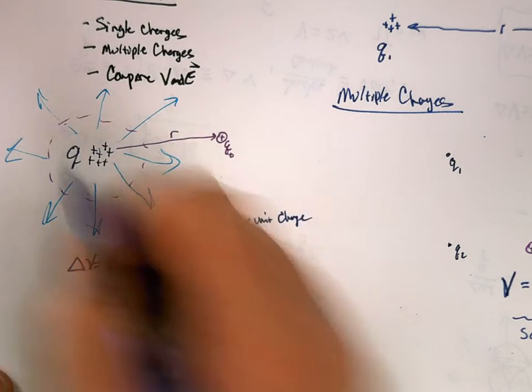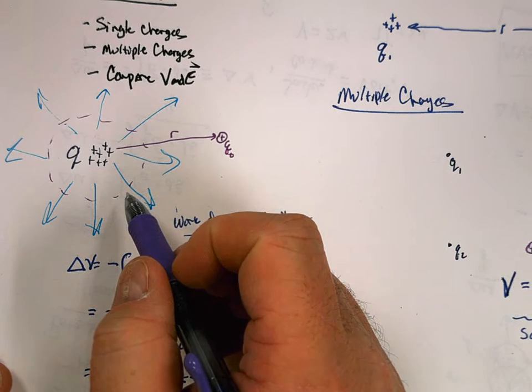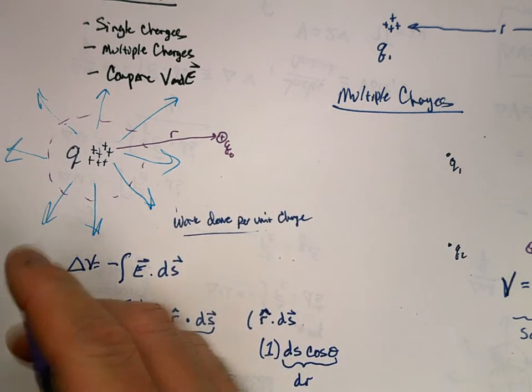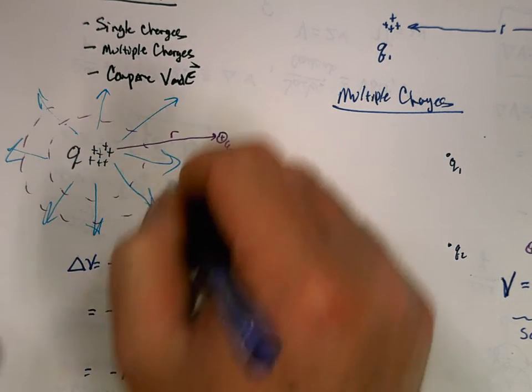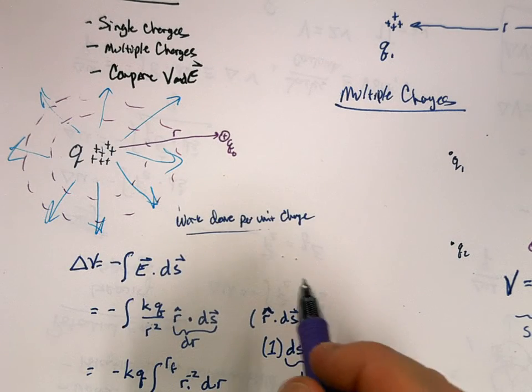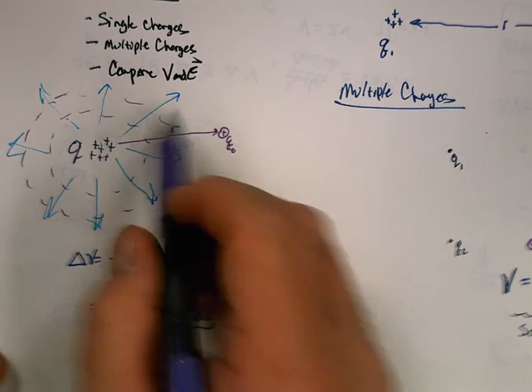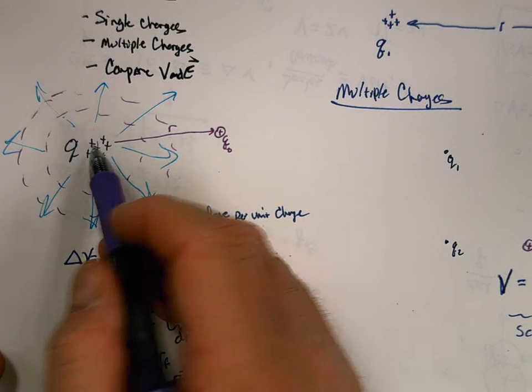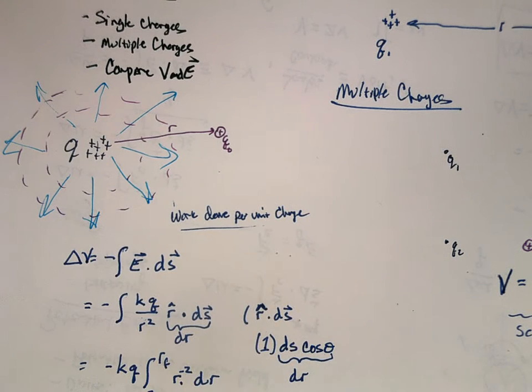if you're that distance away from the charge, you're at a particular voltage. If you're that distance away from the charge, you're at a different voltage. But this sphere, this line that we have, this is in 3 dimensions, right? So it's really this surface that we have. They all have the same potential.